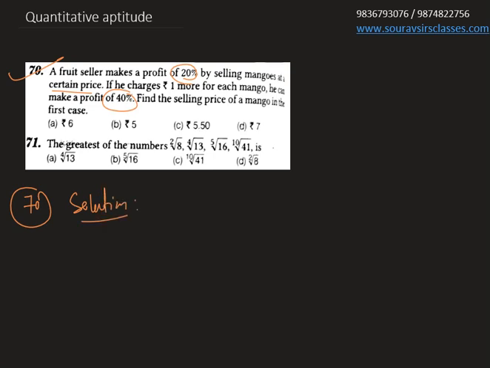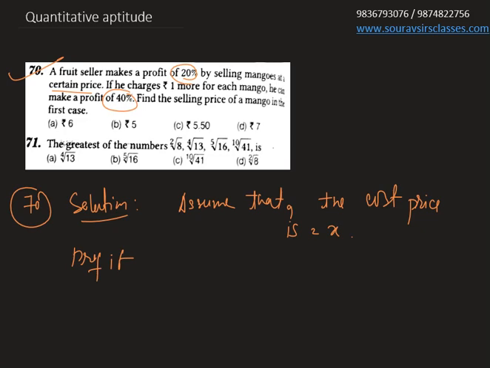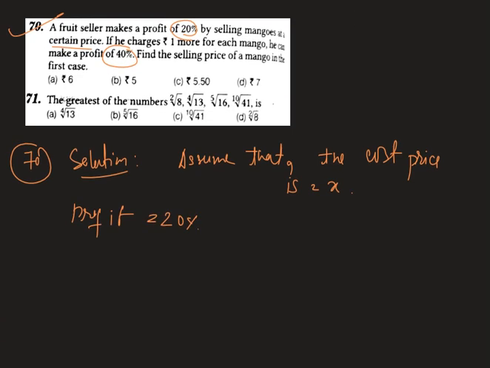So the solution of this question. First of all, we assume that the cost price is X rupees. Now by the question, the fruit seller's profit in the first case is 20%.